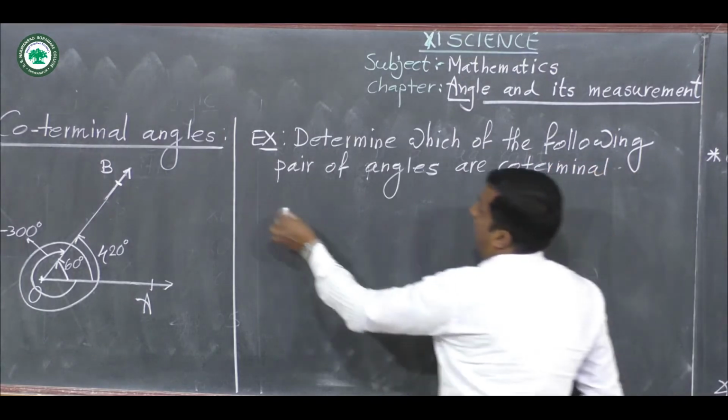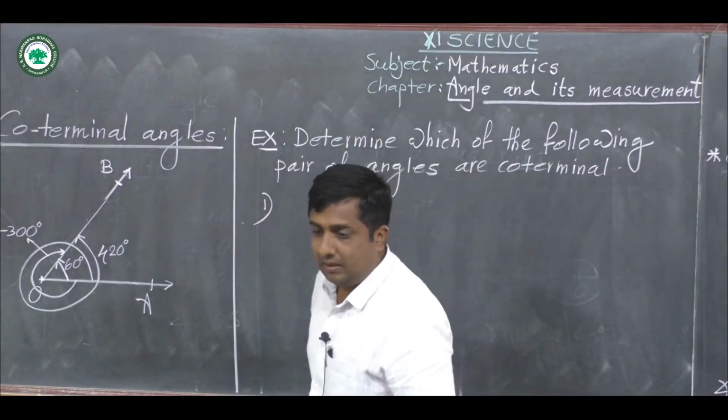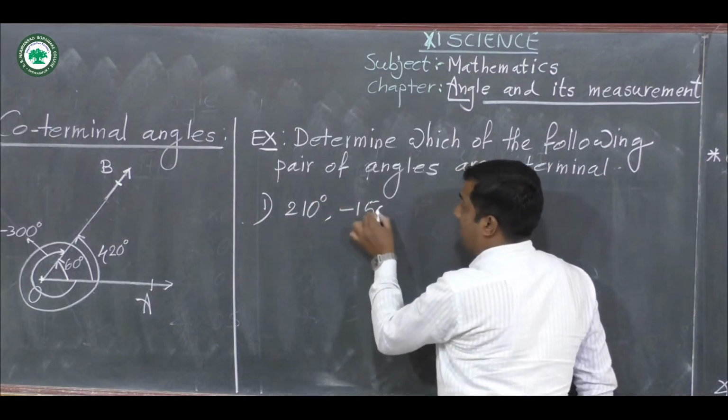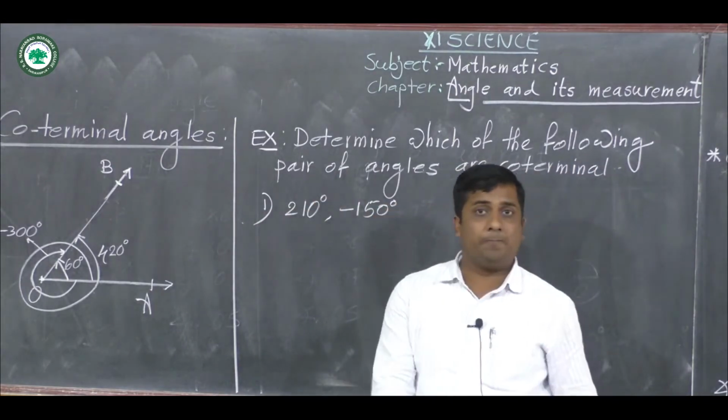In the first pair we consider the angles 210 degrees and minus 150 degrees.